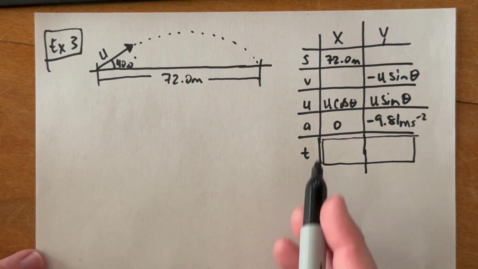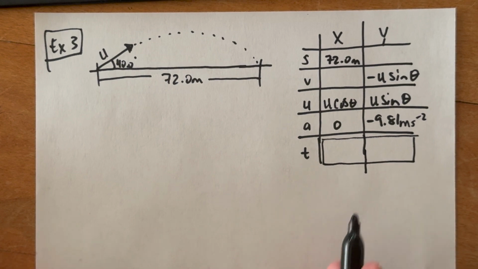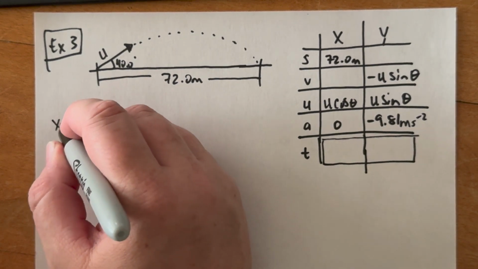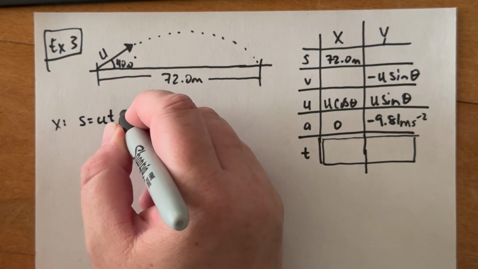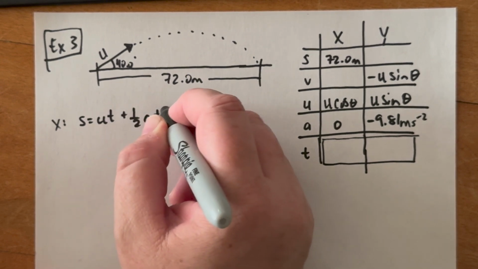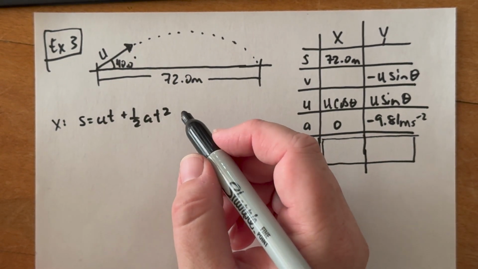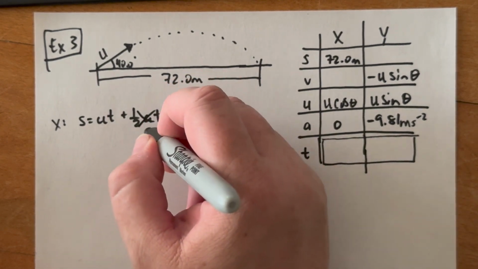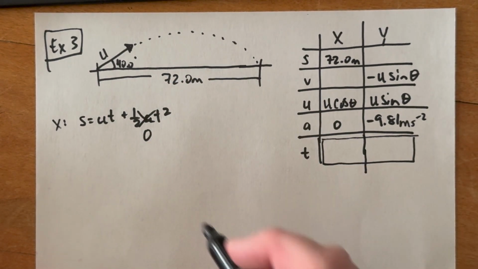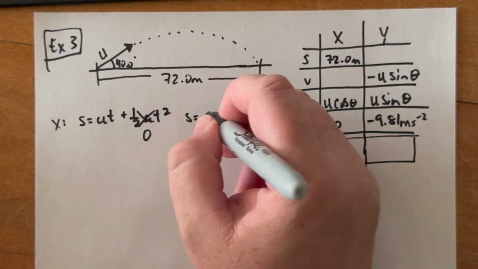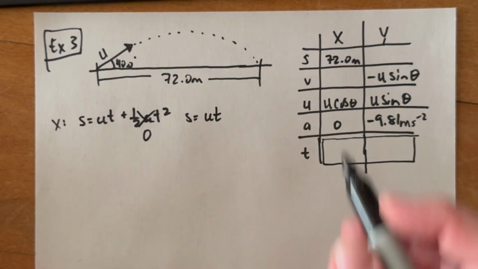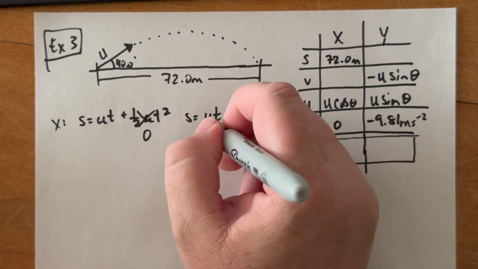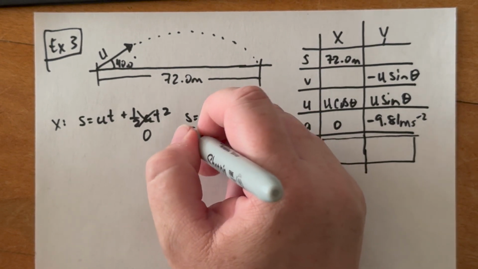How does this look? Well, if we were to solve for time in the X direction, we would say S equals ut plus 1/2 at squared. And because in the X direction, a is equal to 0, that whole thing goes to 0. So we could say S equals ut. And to solve for time, we would just divide both sides by u.